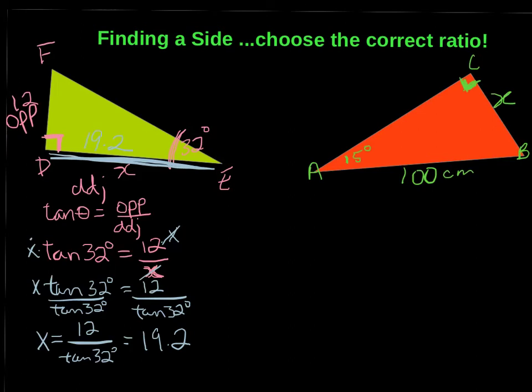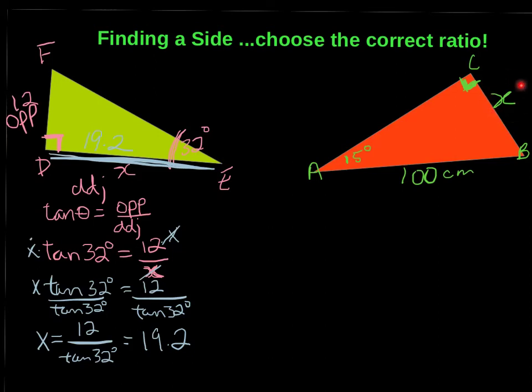Okay, so I've taken the liberty of filling out the red triangle for you. So we've got our triangle A, B, C. C is where our right angle is anchored. And angle A has a measure of 15 degrees. X is this side right here.